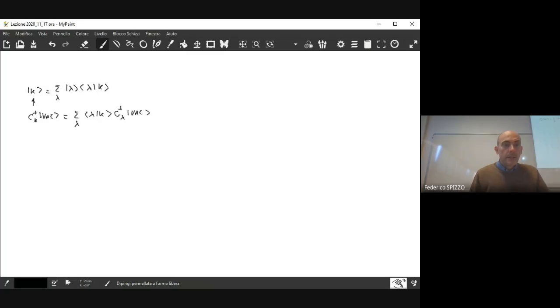So the result of the application of this operator to vacuum is exactly equal to the result of the application of this operator to vacuum. So you may say that c dagger k is equal to the sum over lambda of lambda k, c dagger lambda.